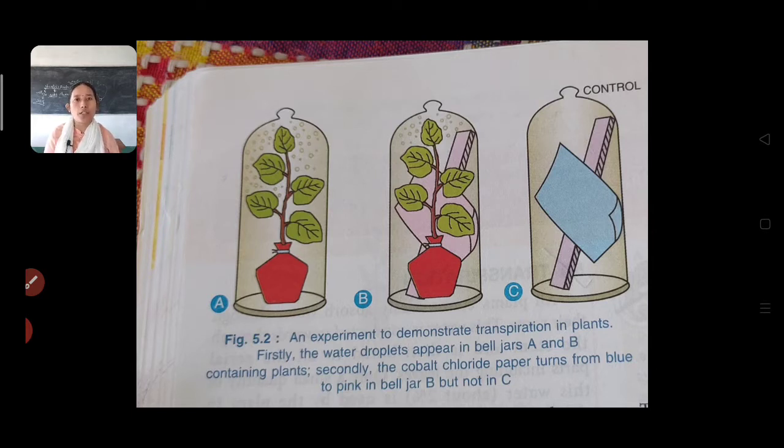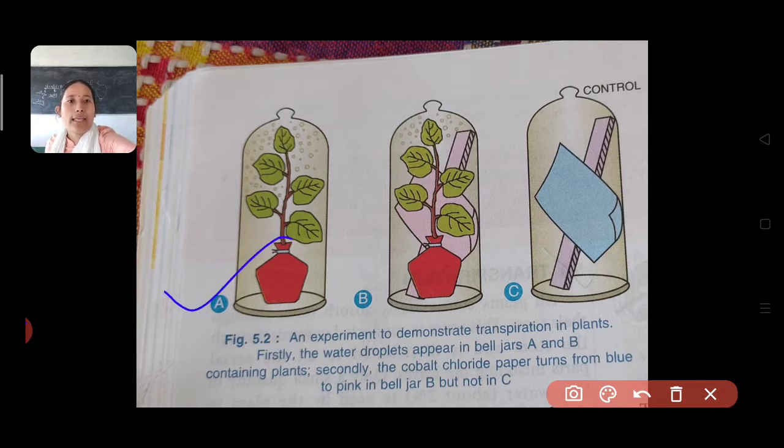When this paper is not in contact with water, it is usually blue in color, but as soon as it comes in contact with water, it turns pink. Cobalt chloride paper turning pink indicates that there is moisture contained in the air. This question is often asked, so better understand the color change that occurs in cobalt chloride paper. So we have three setups that you can see.